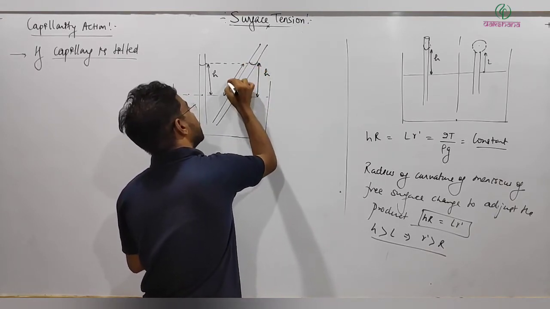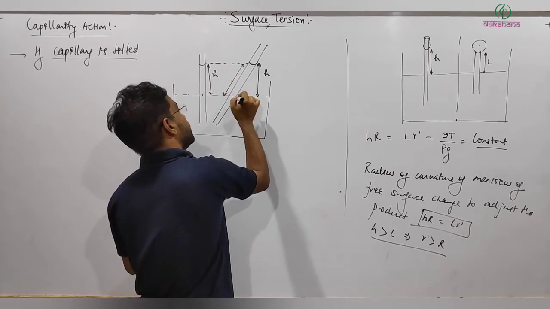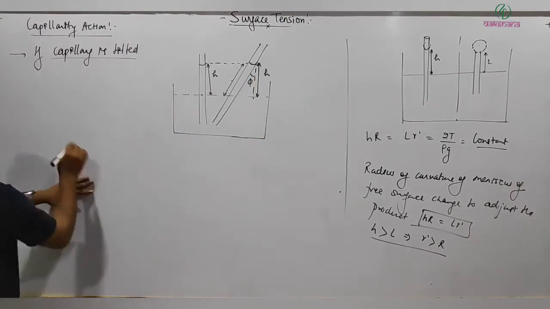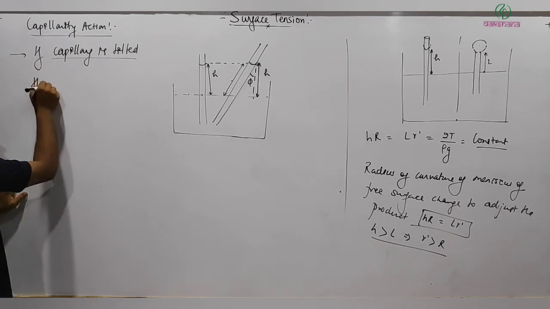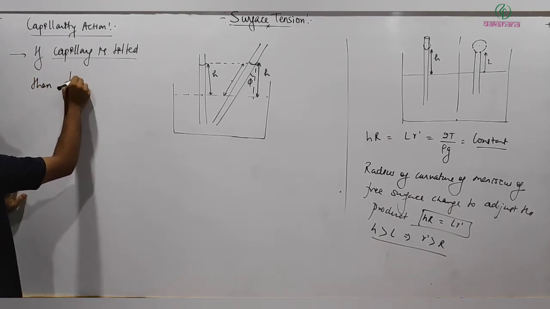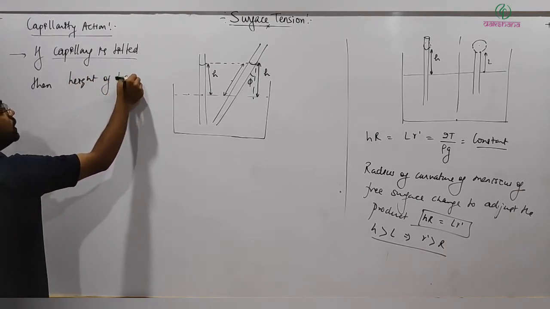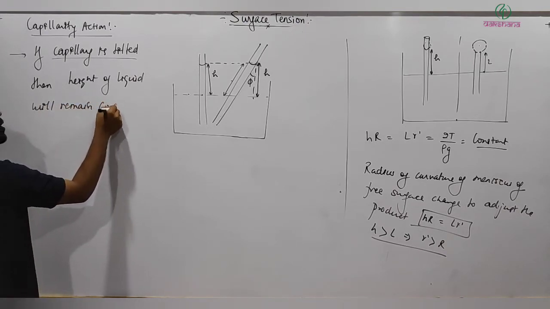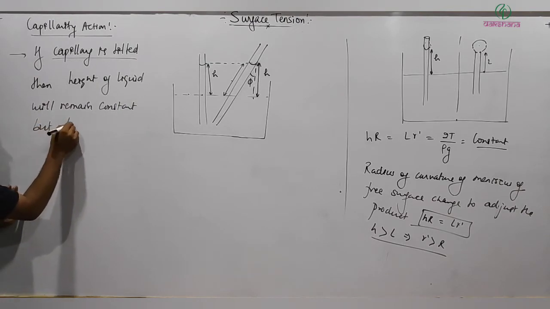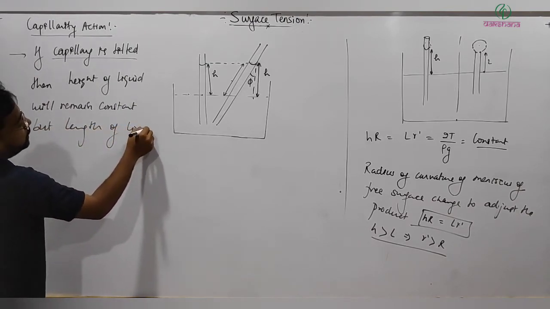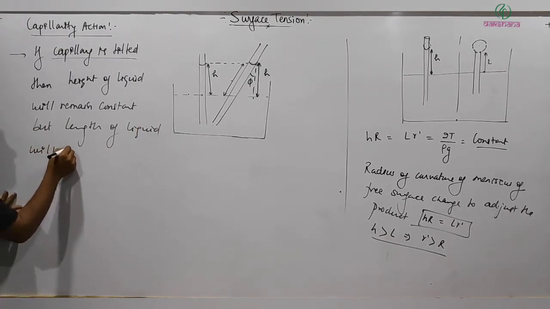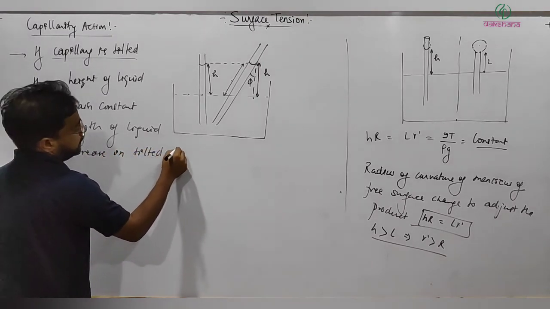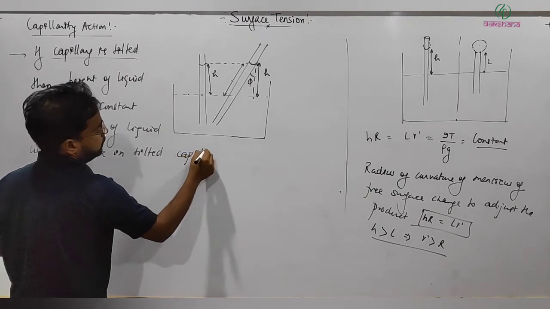So if it is inclined, let's say at an angle phi, so if the capillary is tilted, then the height h of the liquid will remain constant, but the length of the liquid will increase in the tilted capillary.